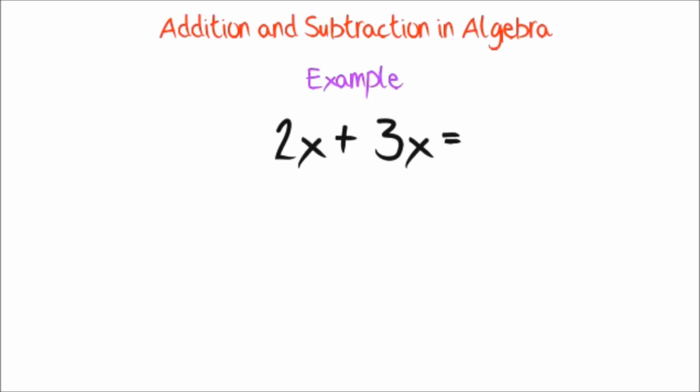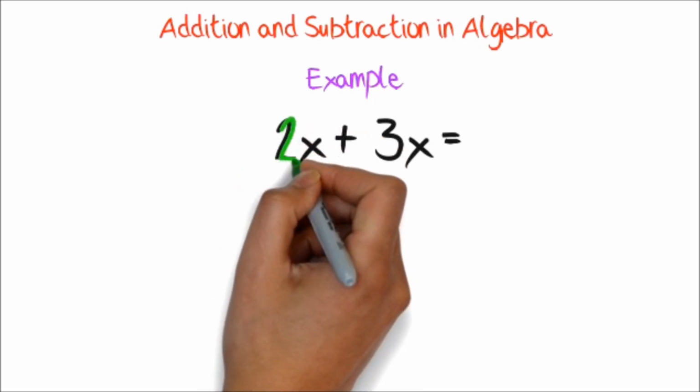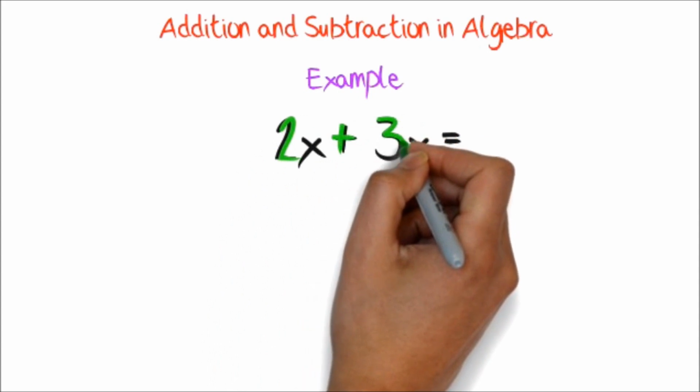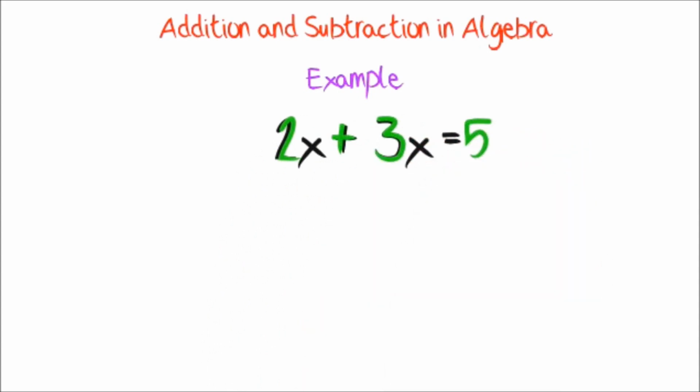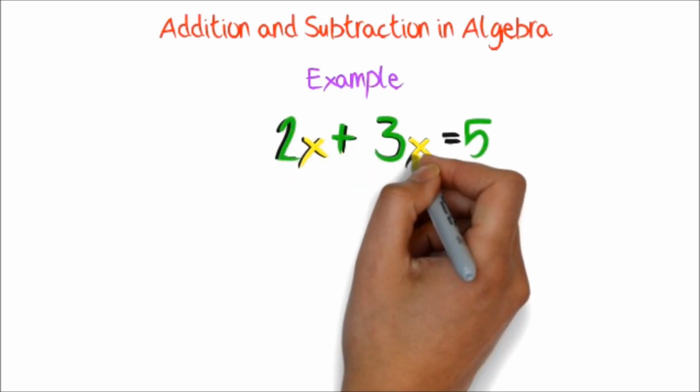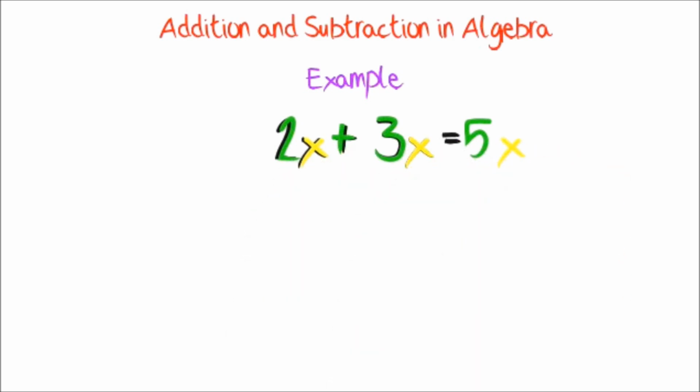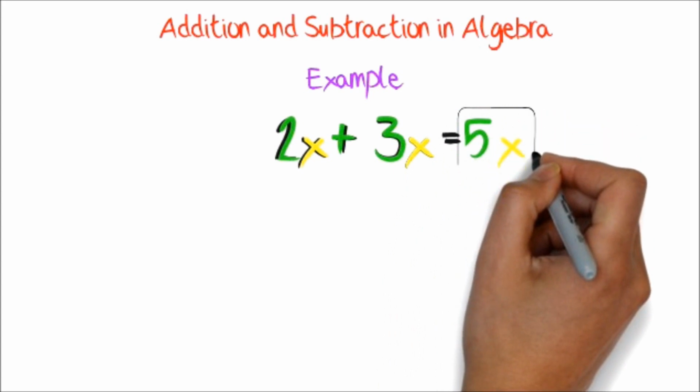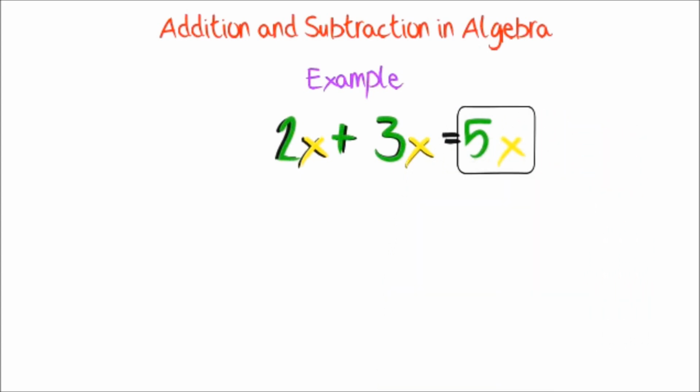All you do is add the numbers and bring the common letter after the number. So we added the 2 and the 3 to get 5. Then we brought the x after it. The final answer is therefore 5x.